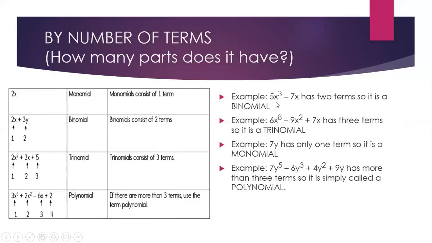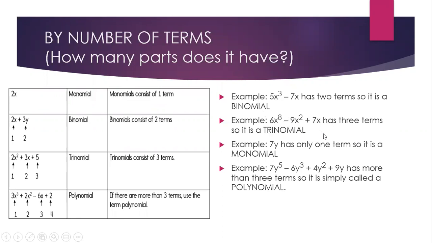Example: 5x cubed minus 7x has how many terms? We got 5x cubed and minus 7x. That's 2 different terms. It's a binomial because it has 2 terms. 6x to the 8 minus 9x to the 2 plus 7x has 3 terms, because we got this term, that term, and this term.